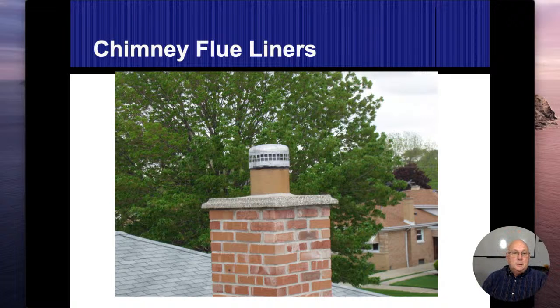So when we see the liners inside the flue, the orange pipe that's coming up, that's the clay liner. In our area, it's very common that the round ones were used for the gas appliances. The square ones, which are bigger, were used for wood fireplaces and such.